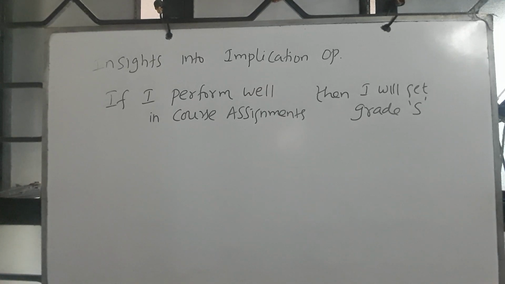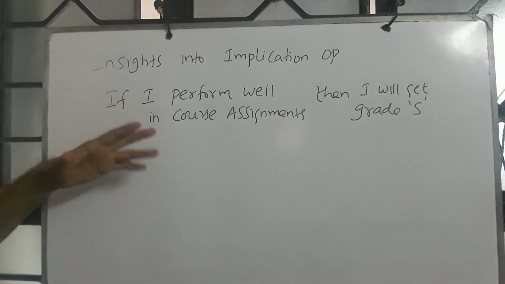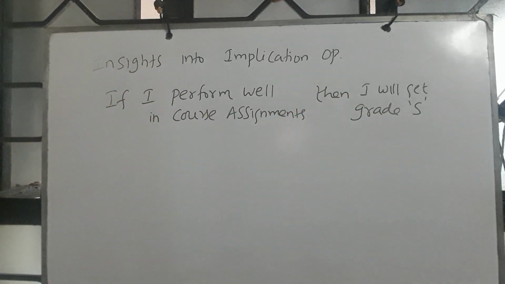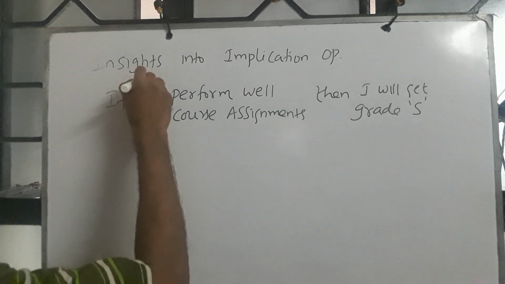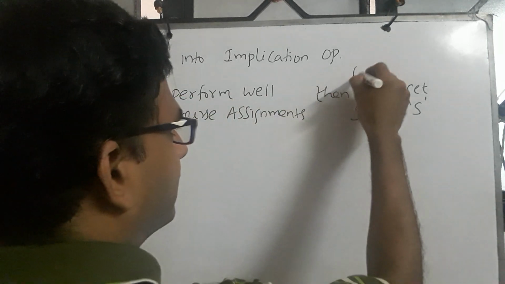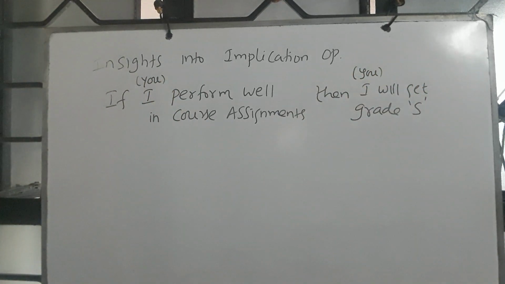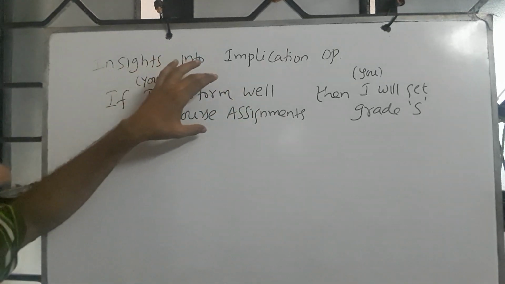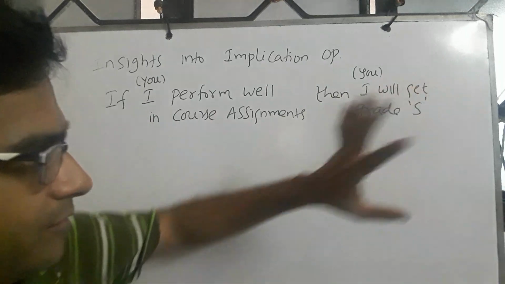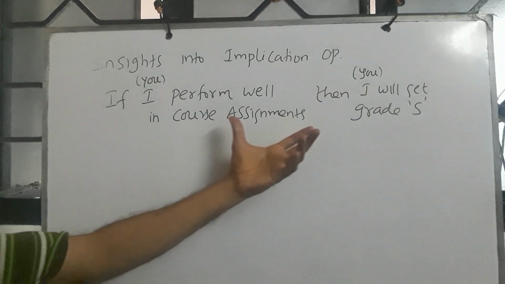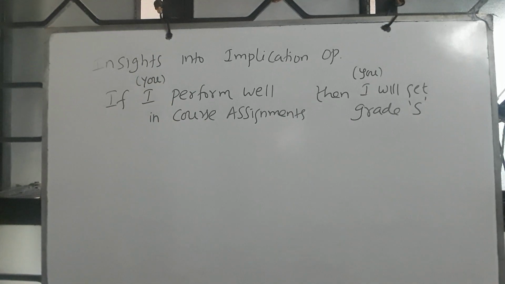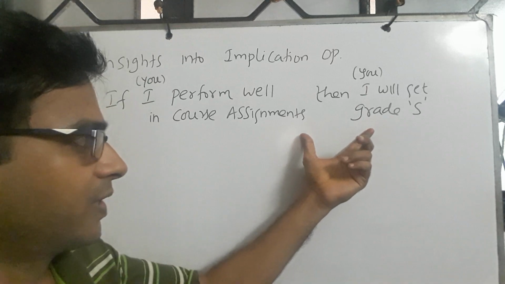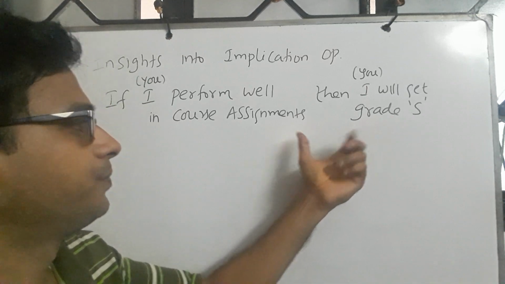So the teacher makes a statement saying if you perform well in course assignments, then you will get grade S. Okay. It doesn't matter whether it is you or I. Now, this is a proposition, perform well in course assignments, and I'll get S is another proposition. Now you have given a conditional statement combining these two, and we wish to know the truth value of the conditional statement P imply Q.